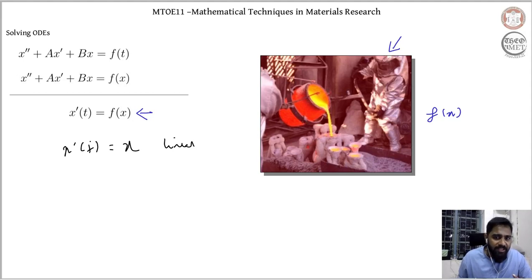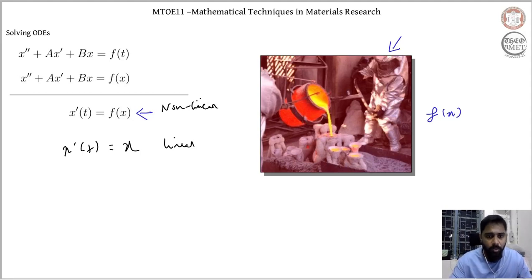But in our case, the key difference is it does not just depend on the position of the atom, but it depends on the position in a specific way. There is a specific trend in which the momentum is experienced by the atoms. So what we have is a nonlinear ODE with a physical significance which we would like to solve.